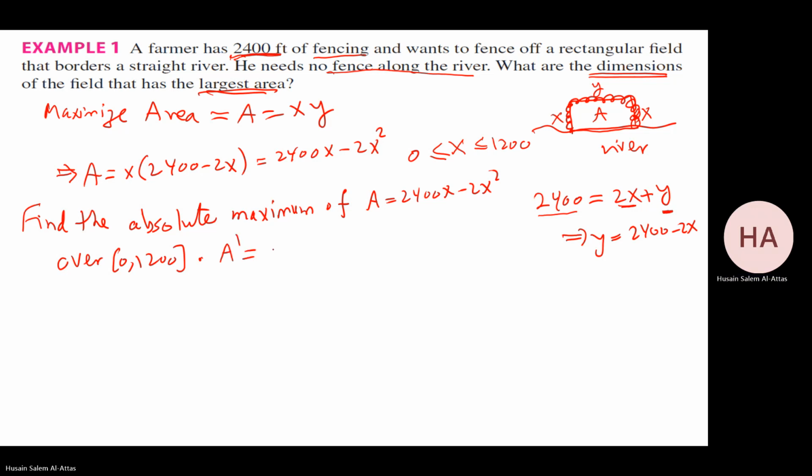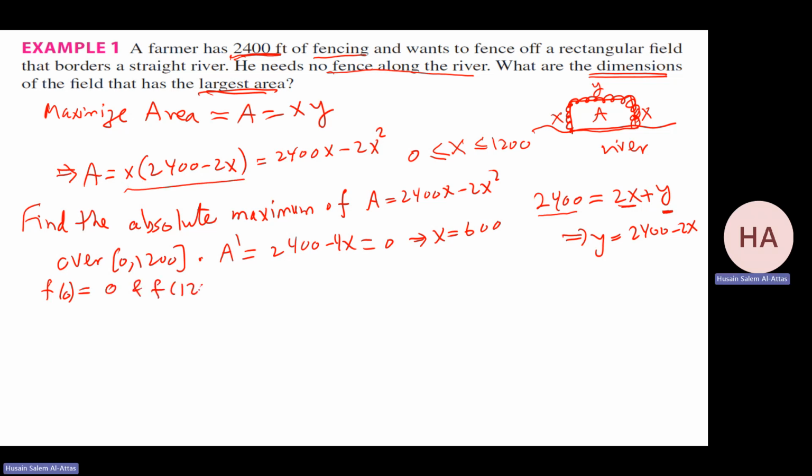So let us do the calculation. A prime will be 2,400 minus 4x, make it equal to 0. So I'm getting x equals 600. Just as we did with the previous one, we'll check f at the endpoints. F at 0 will be 0, actually from here it's very clear.